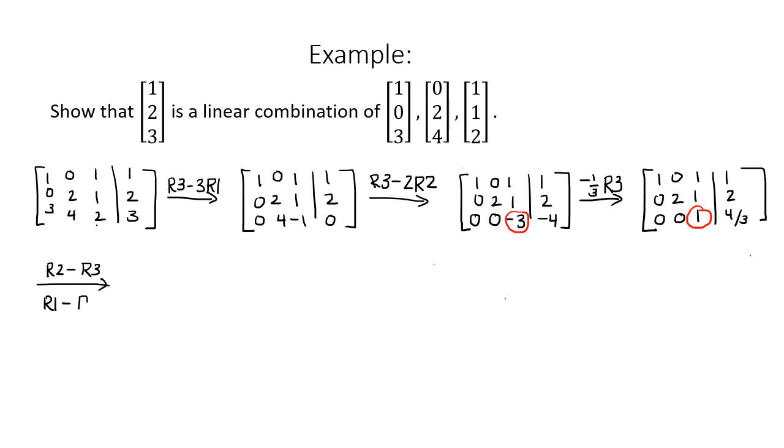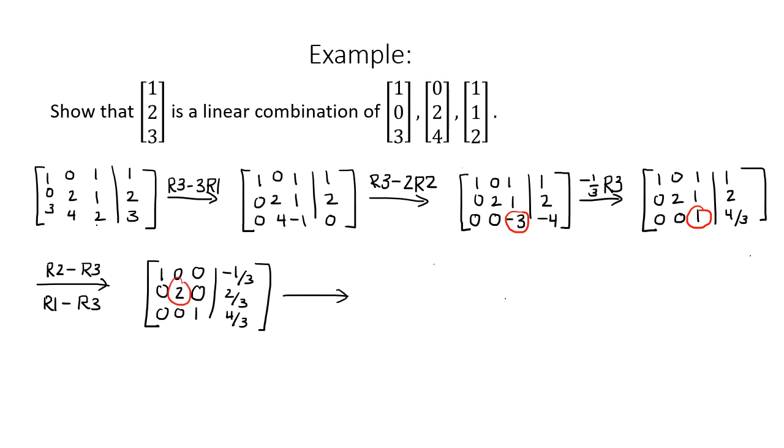The order of it doesn't matter. Okay, and last but not least, we're going to change this pivot of 2 to a 1 by scaling. So I'm going to scale row 2 by 1/2.